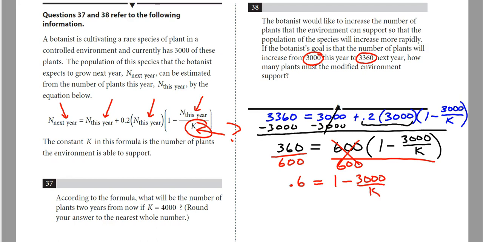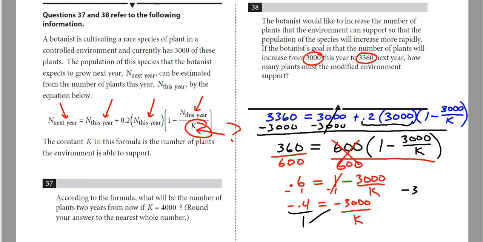And let's take away the 1 from both sides. I'm going to get negative 0.4 equals negative 3,000 over K. And I like to solve these just by putting a 1 under this side and cross multiplying. To me, it seems easier to do that. So I'm going to cross multiply.